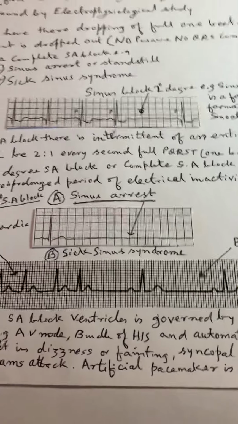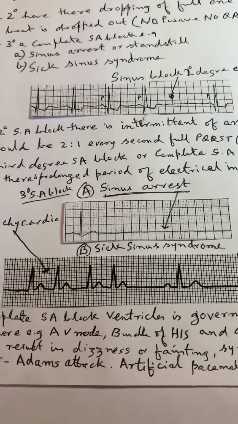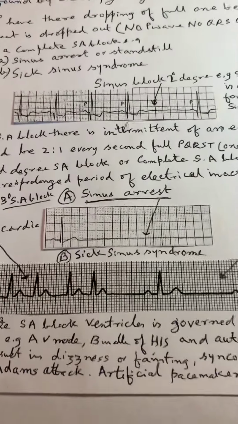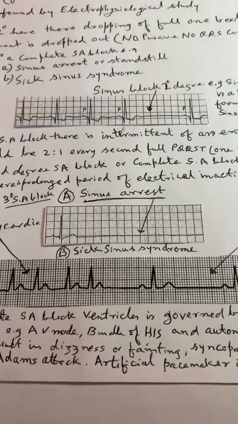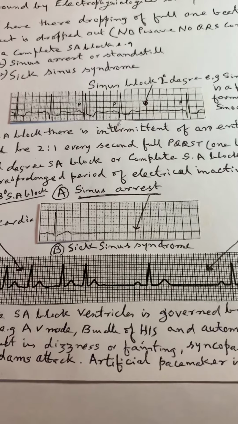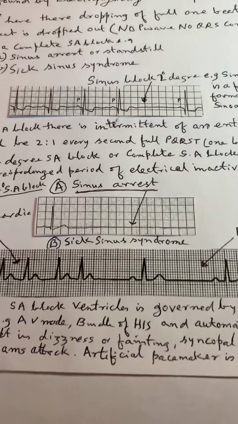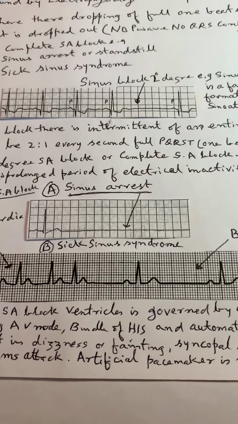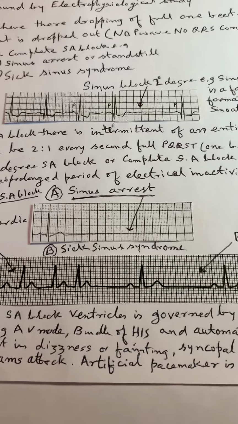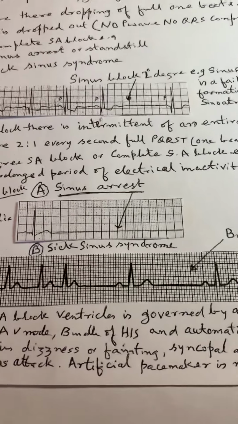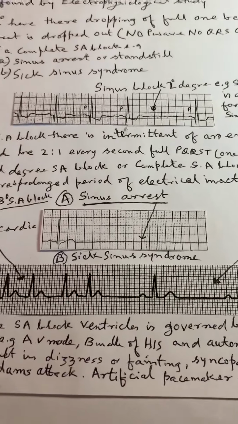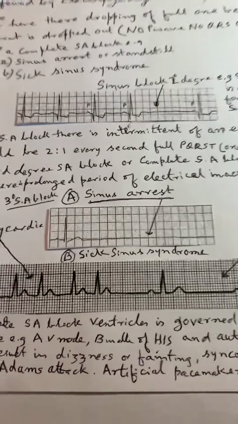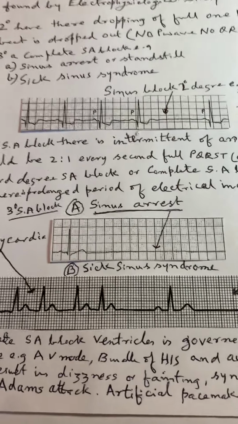It can give its automatic stimulus. So that means if there is a complete third degree SA block, the person will not die. The lower part, that is the AV node and other conductive tissue, will take over and the heart starts beating. So there is a long pause that you will see.